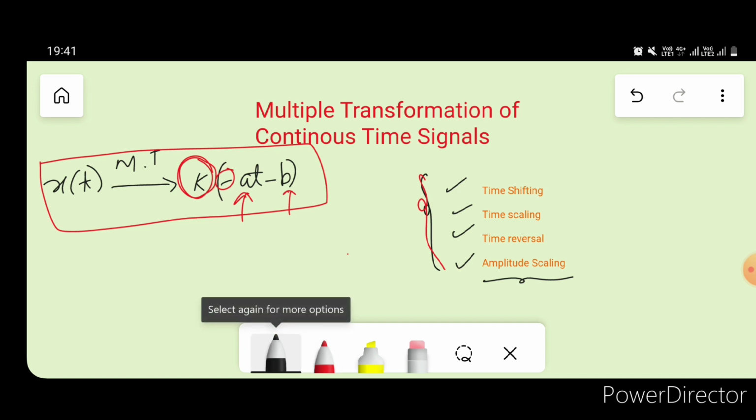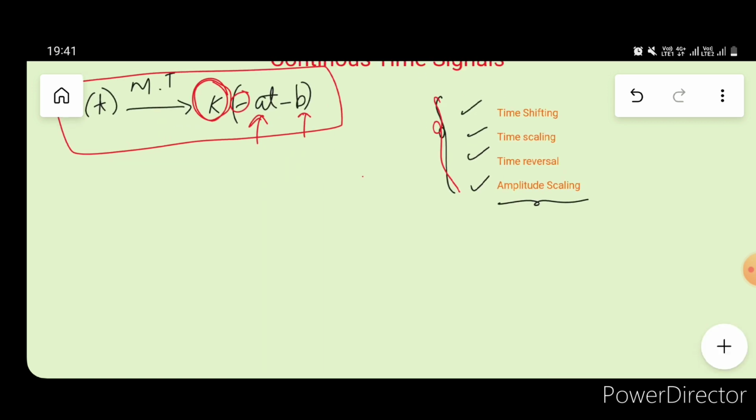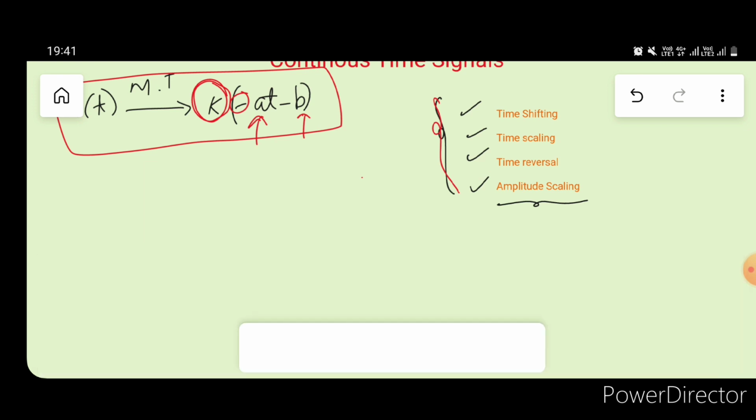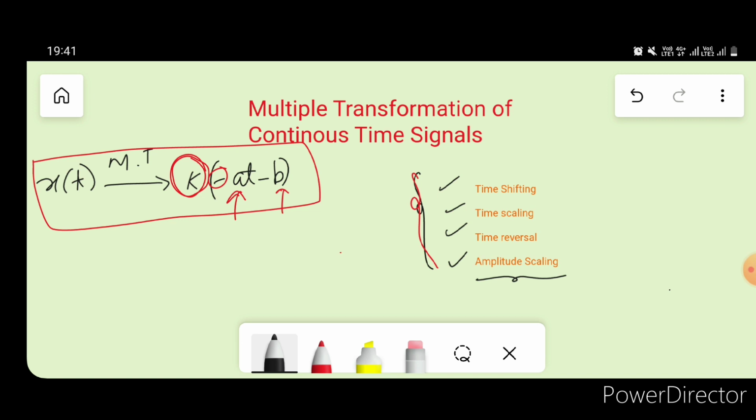One thing we need to remember is that whenever we do multiple transformation, we follow a priority order. First, we perform time shifting, x of t minus b.